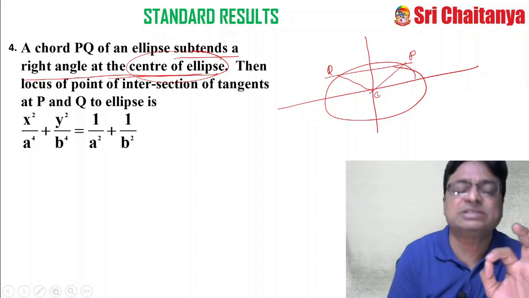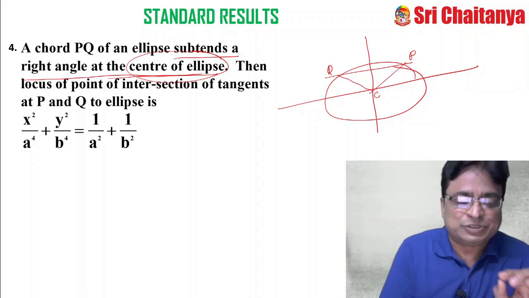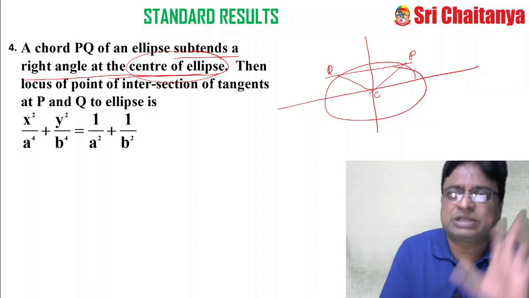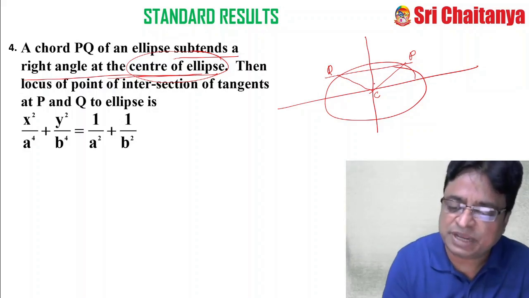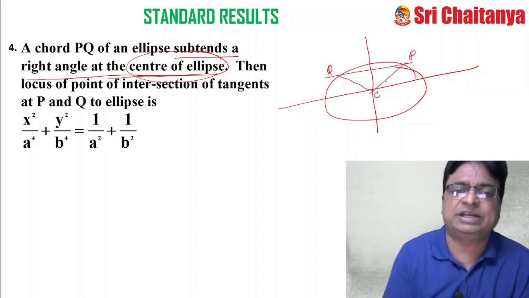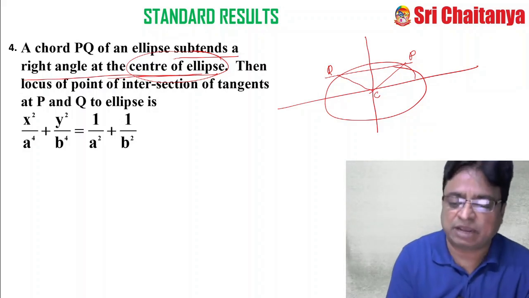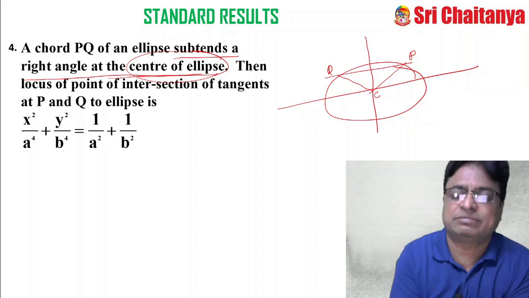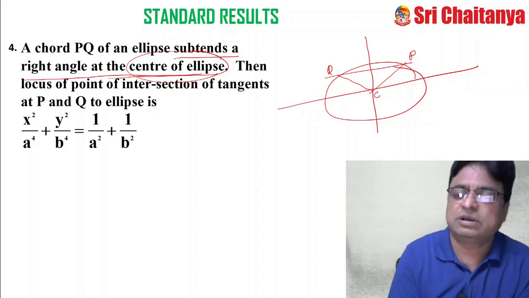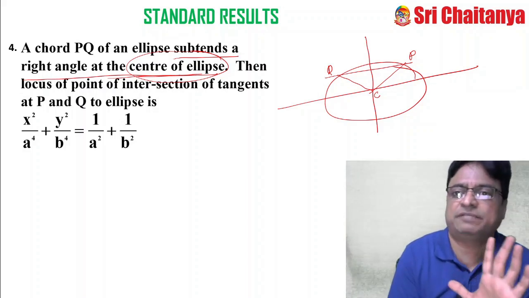Center means the origin here. Whenever the center is the origin and some chord makes an angle at the origin, of course here it is a right angle, though it is not necessary that it is always a right angle, in other words the origin is nothing but the center of the ellipse.